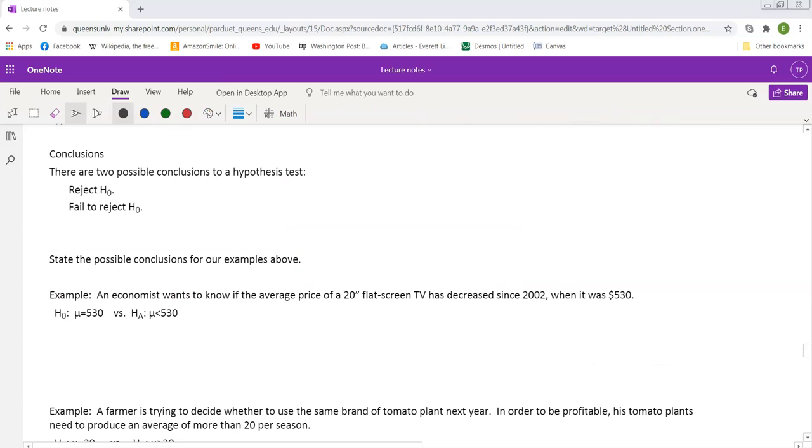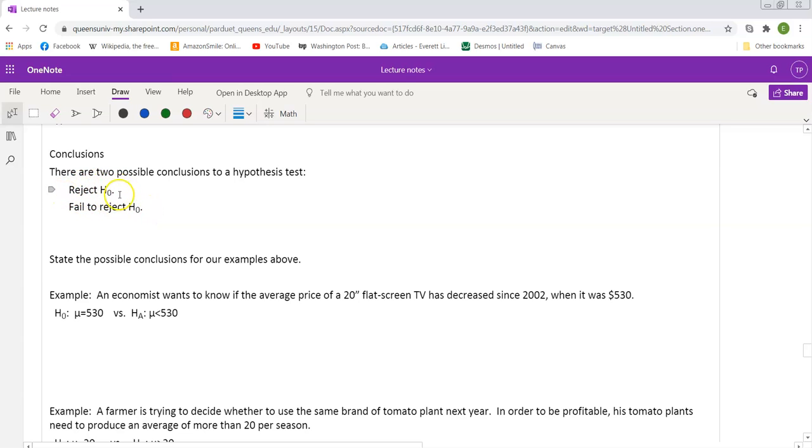Okay? All right, so now let's talk about the possible conclusions to a hypothesis test. And we mentioned this before with the court case, but let's look at it in terms of statistics as well. So there's two possible conclusions to every hypothesis test. You can reject H0 or you can fail to reject H0.